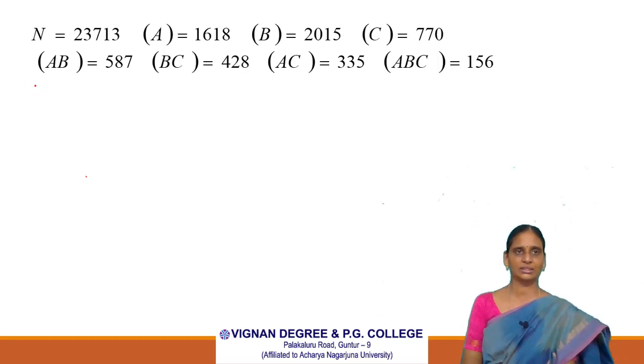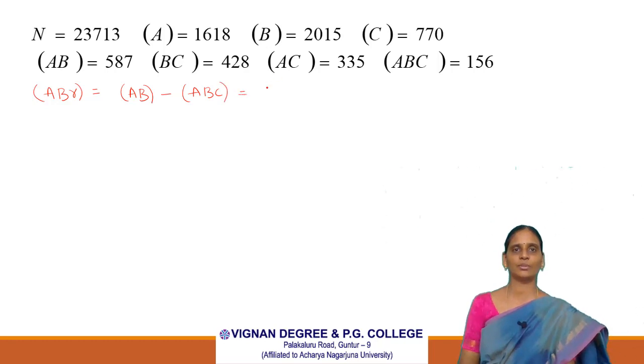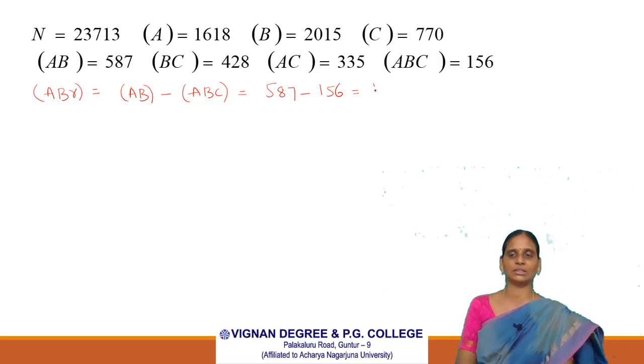So first one is frequency of AB gamma. This is equal to frequency of AB minus frequency of ABC. Frequency of AB value is 587 minus frequency of ABC is 156. 587 minus 156 we get 431.